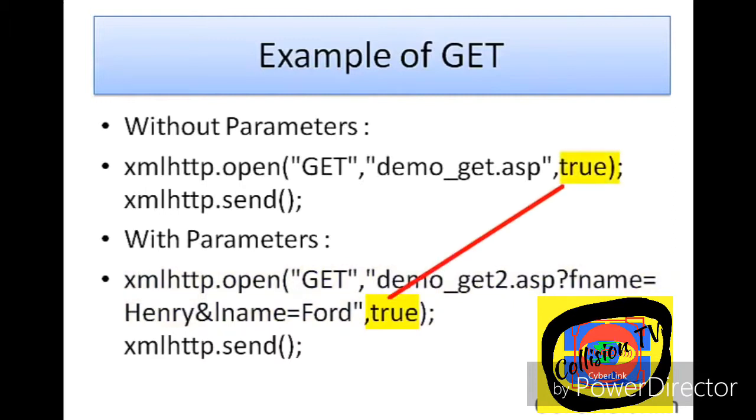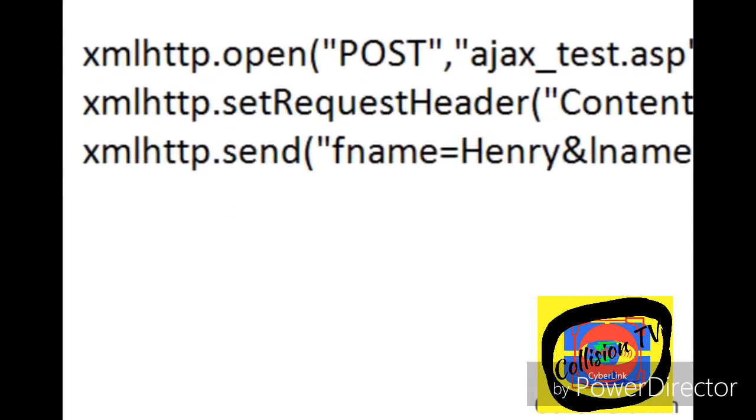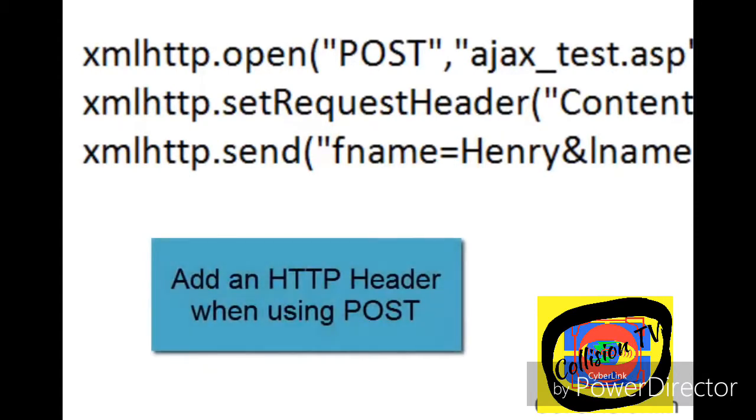You might notice that in both cases the third parameter is always set to true. To post data like an HTML form, add an HTTP header with setRequestHeader. Specify the data you want to send in the send method.